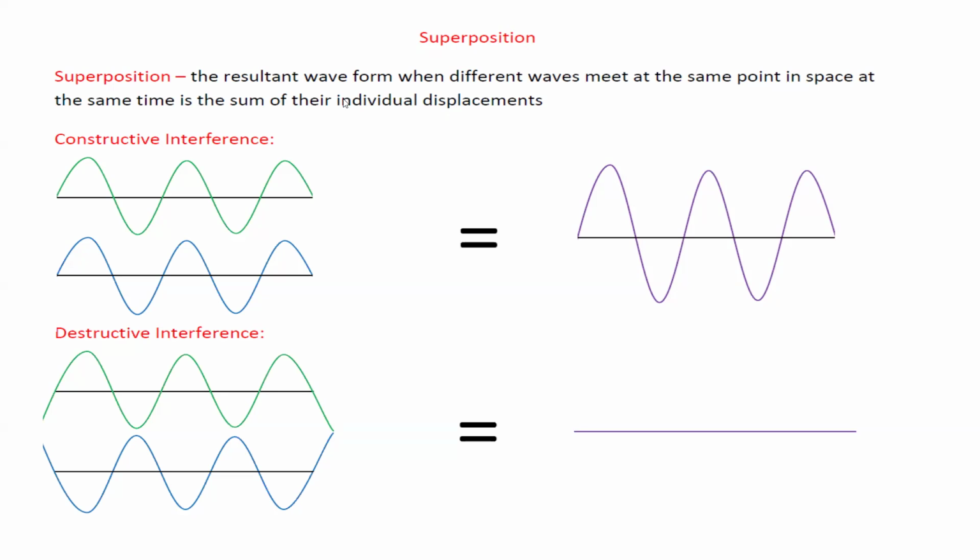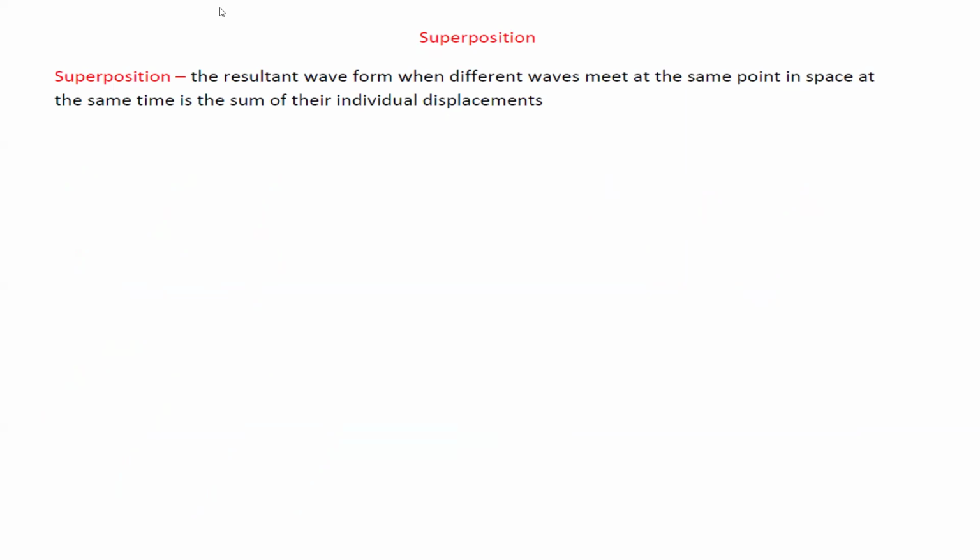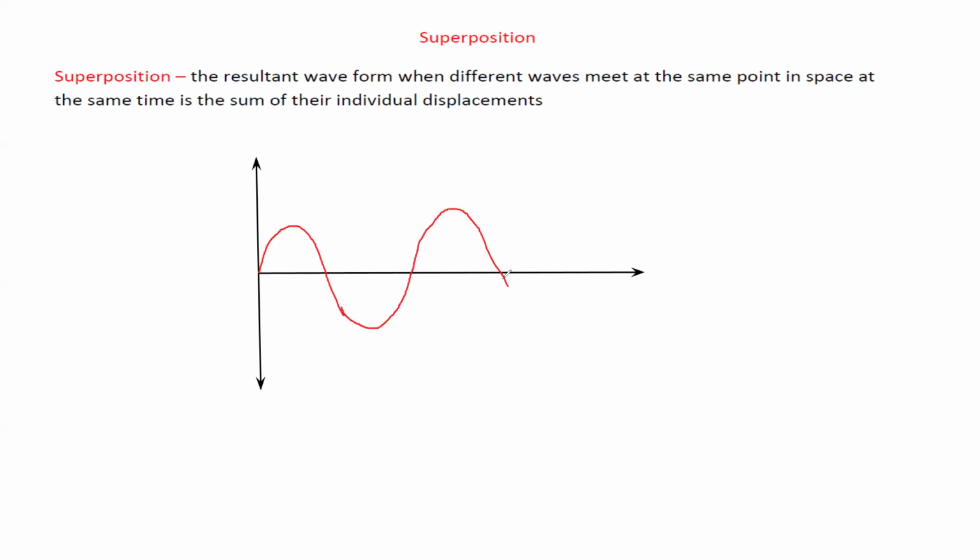So, for example, if we have two waves, this is the first wave, and we have the second wave.